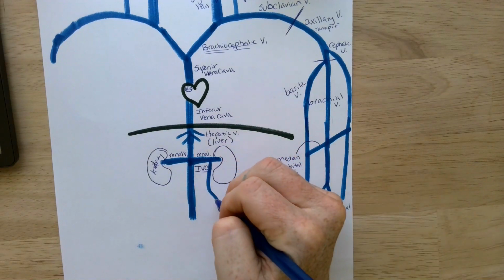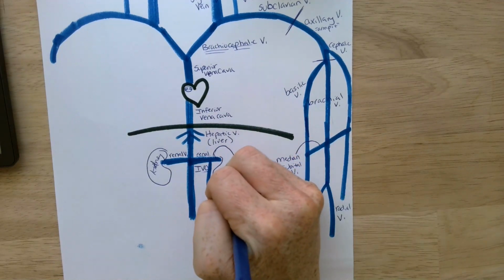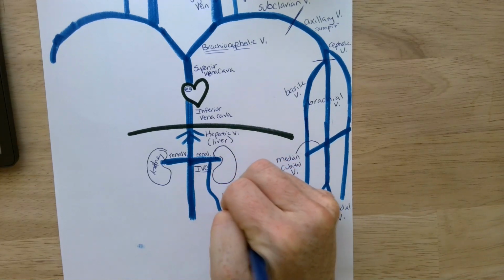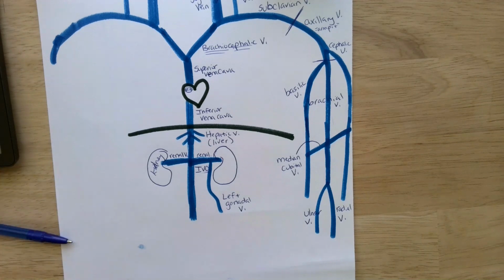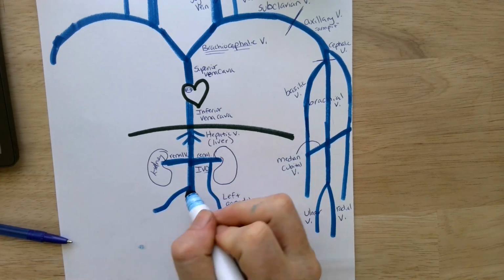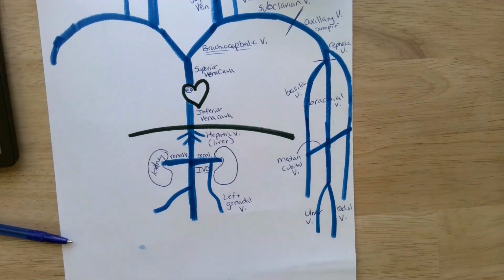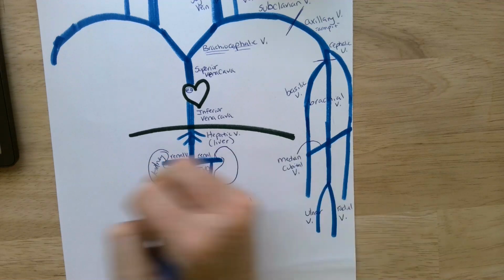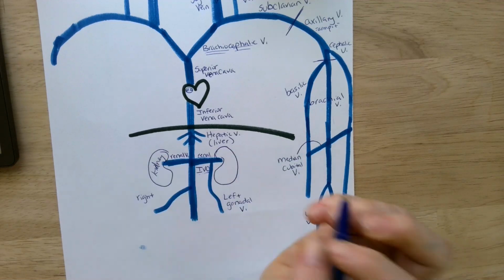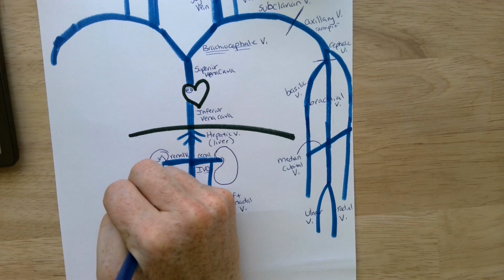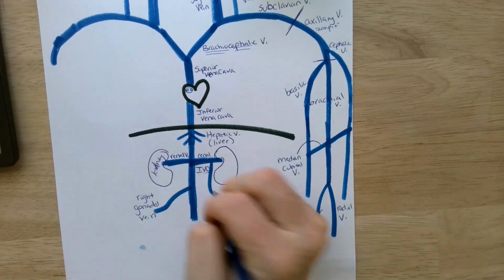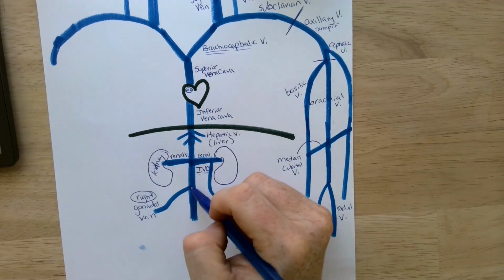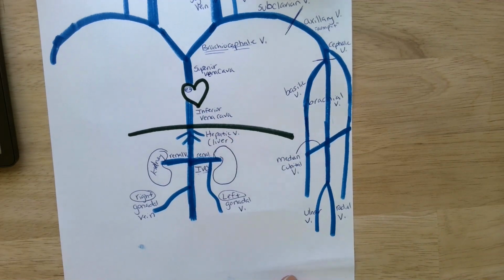The left gonadal vein is going to come off of the renal vein. Whereas the right gonadal vein is going directly into the inferior vena cava. So you have to designate right or left because they are not symmetrical with each other. Okay, so here's the left gonadal vein, and here is the right gonadal vein dumping into the inferior vena cava, which brings it back to the heart.